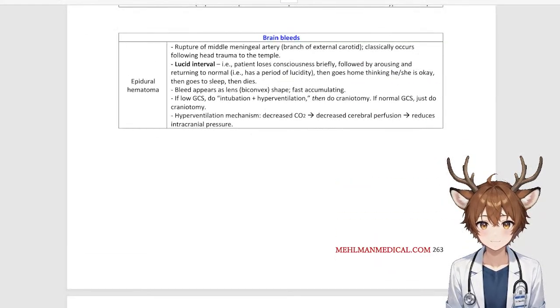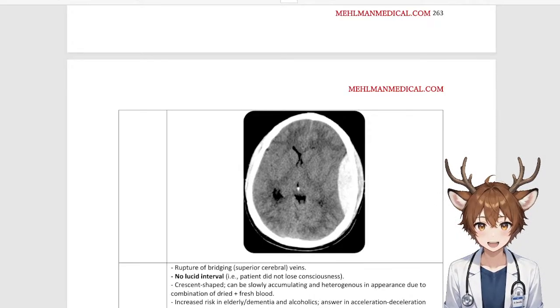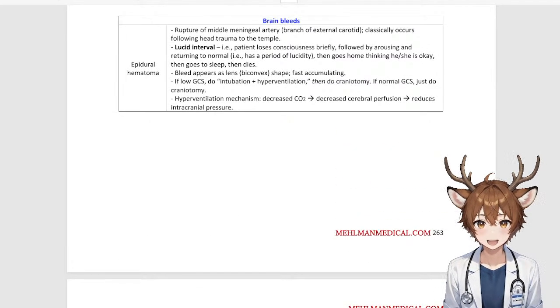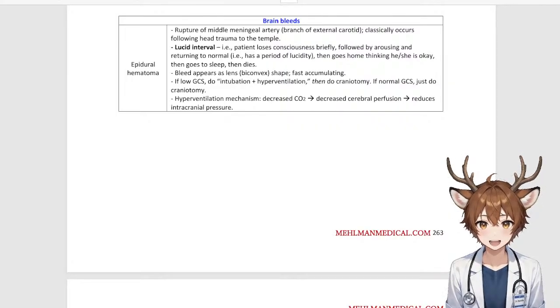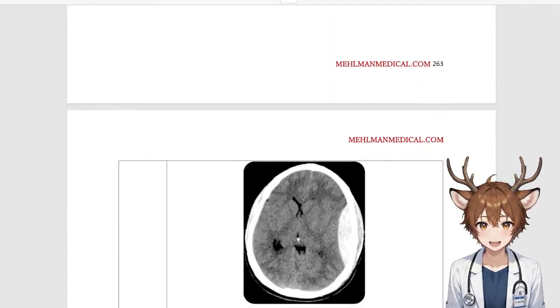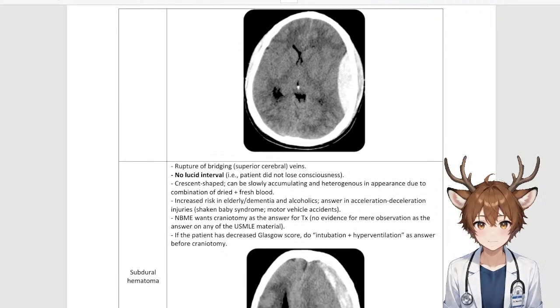So that's what an epidural hematoma looks like. It is this sort of bleed where it's a lens shape. Again, what we want to do is craniotomy regardless, but if the patient has a low GCS, a low Glasgow Coma score, they also have to do hyperventilation with intubation, in addition to a craniotomy.